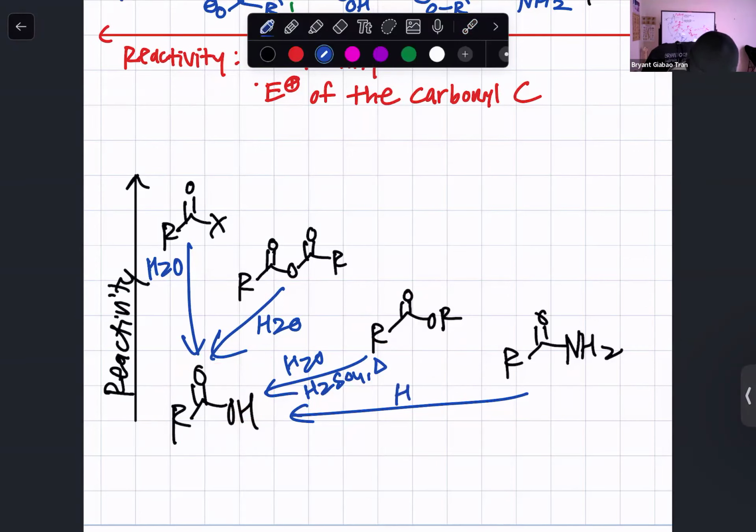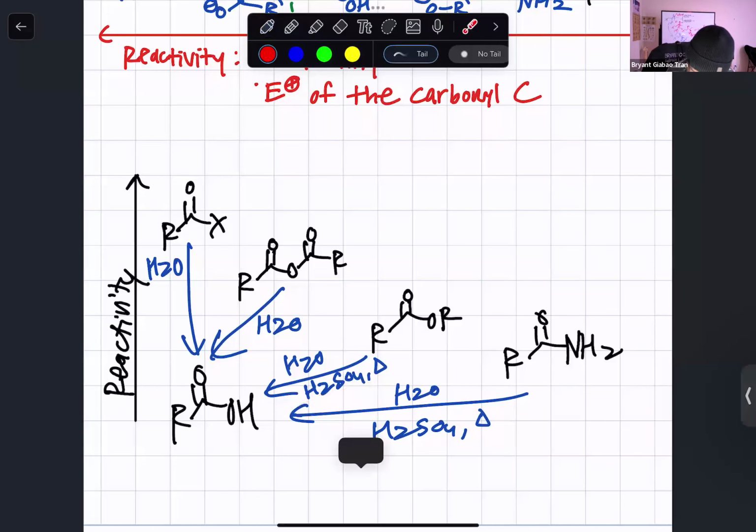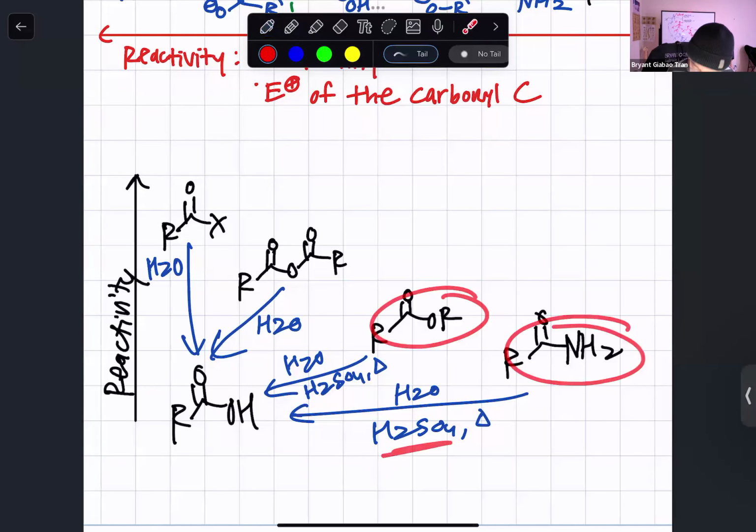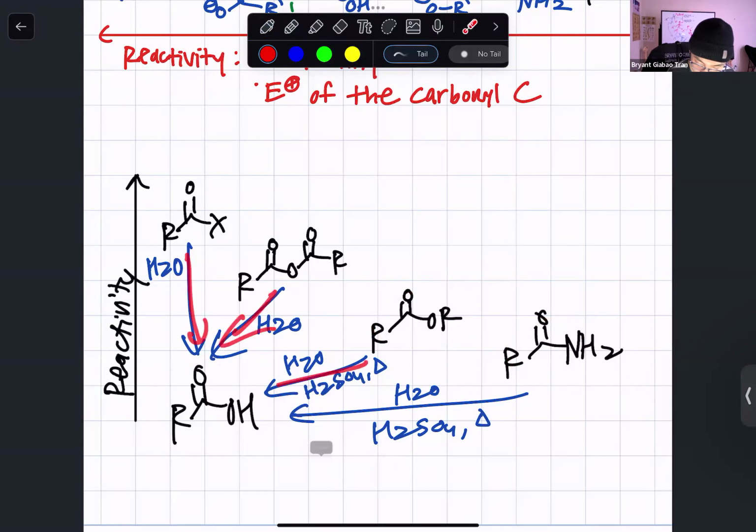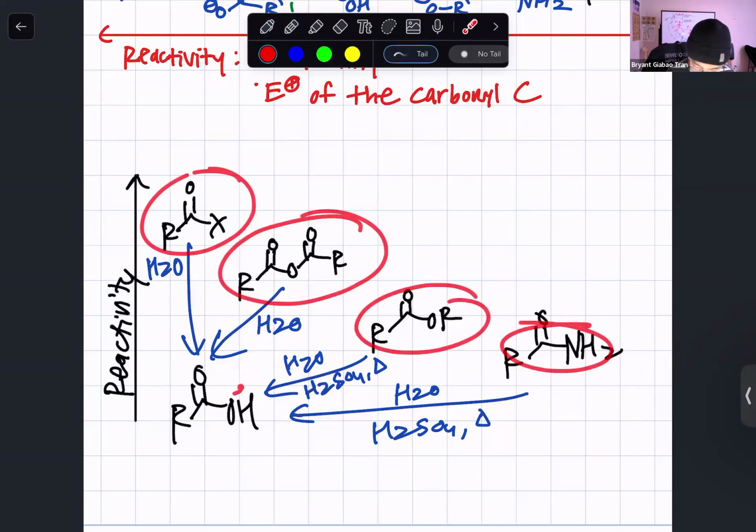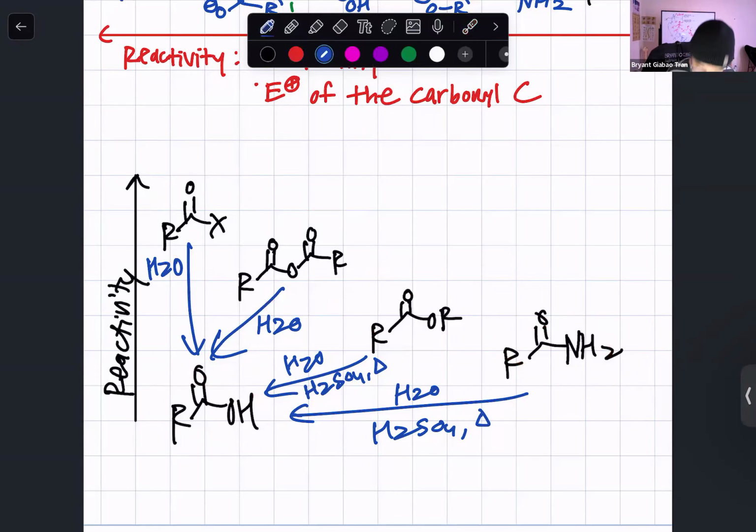So the same thing for amide. We're going to use water in acidic conditions and heat, right? We need the acidic catalyst and heat to convert the lower reactive derivatives into the carboxylic acids. So the blue arrows here that I drew out, those are the hydrolysis reactions. We're converting all of the carboxylic acid derivatives into the carboxylic acid, and that's called hydrolysis. Hydrolysis, which is one of the main reactions.